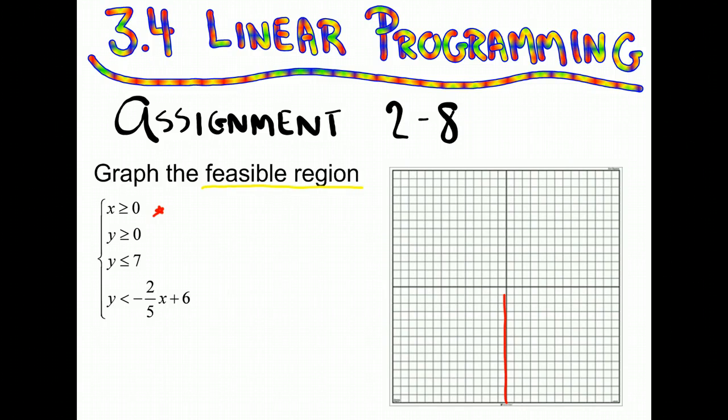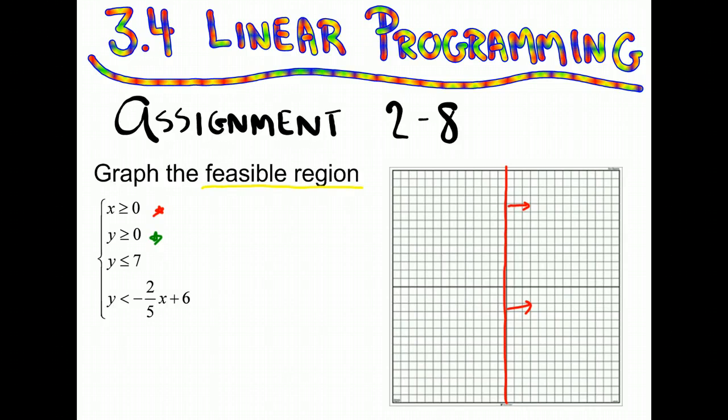And I will just graph that here in red. And so any x value that's greater than 0 is going to be to the right of that line. So I will go ahead and just use arrows. I'm not going to shade the whole time because it would get awfully messy if we shaded everything. Let's go ahead and take a look at the next one, which is y greater than or equal to 0.